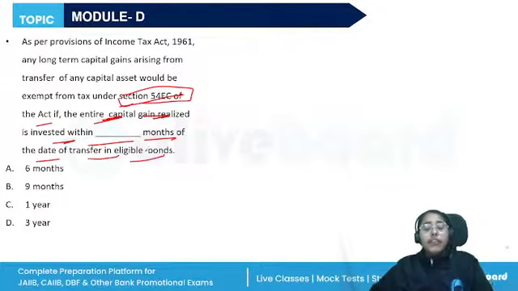So, if you are getting a capital gains and you want to be exempted from the tax on the capital gains, then within a certain time period you can invest in the eligible bonds and get this exemption under section 54 EC. So this is under the tax management. So what will be the correct answer? Within 6 months, within 9 months, within 1 year, or within 3 years?